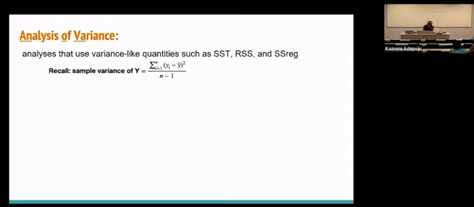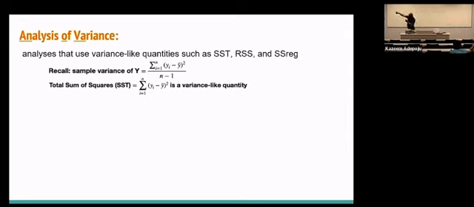If I want to find the variance, that's the formula. And this is just to tell you the difference between the variance and the total variation. The variance is the total variation divided by the degree of freedom. What did I call the degree of freedom for the dependent variable the other time? N minus 1.